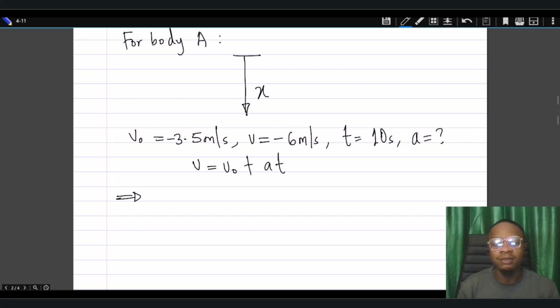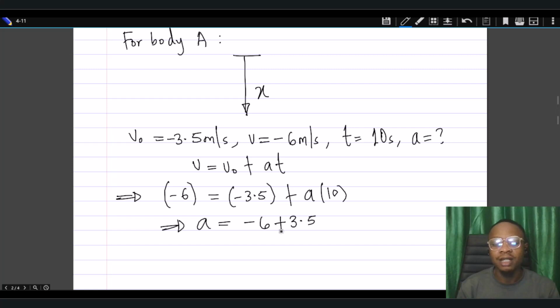And by that, V, the final velocity, is minus 6, equals the initial velocity, minus 3.5, plus AT. A is unknown, T is 10. By this, the acceleration will be equal to minus 6, then we move this to the other side, that becomes plus 3.5, and then we divide by 10 to get our acceleration for the body.